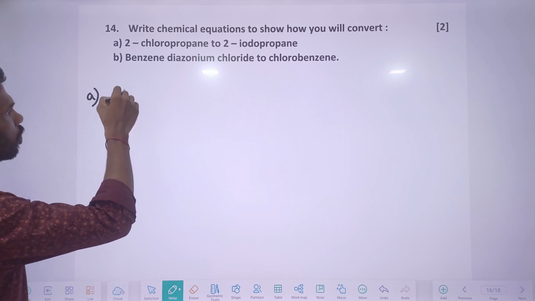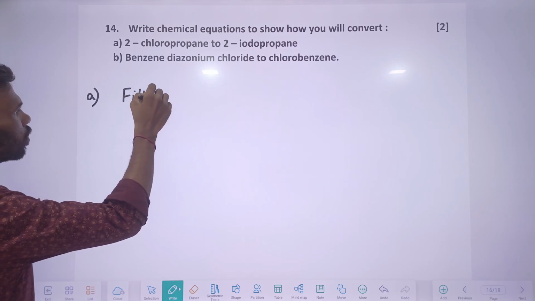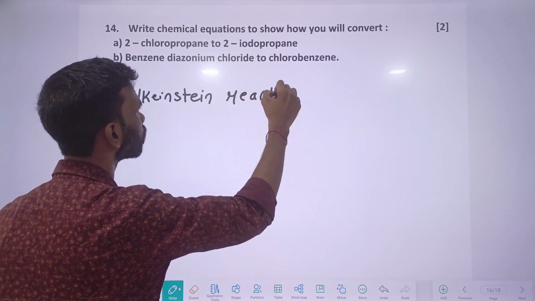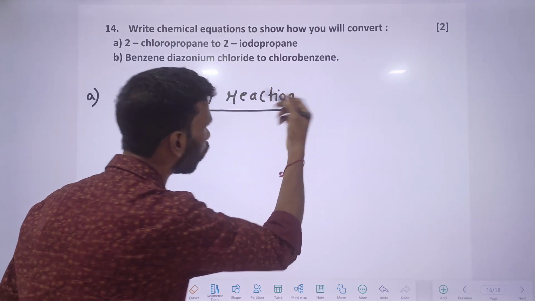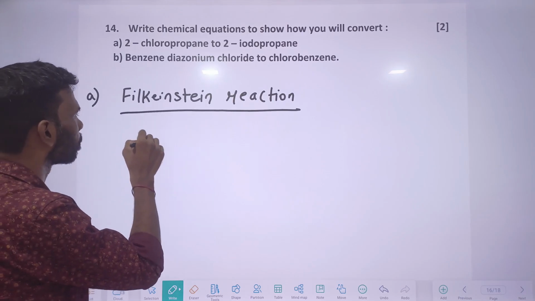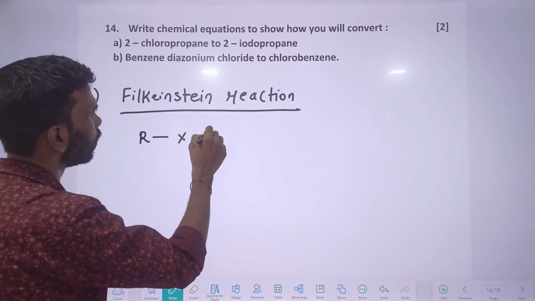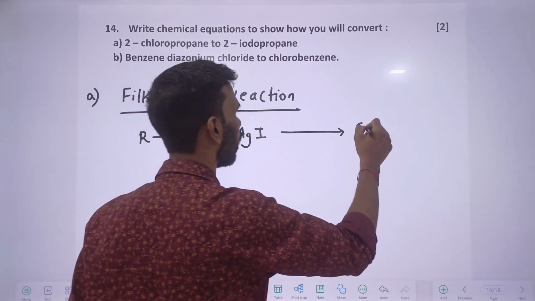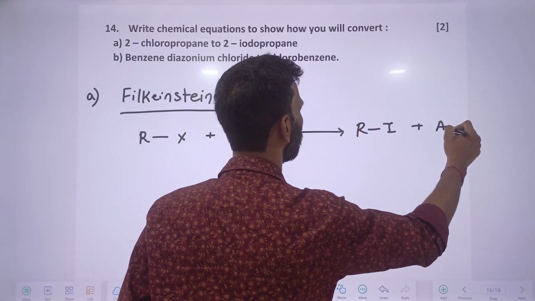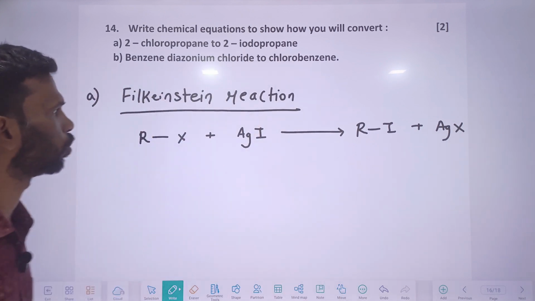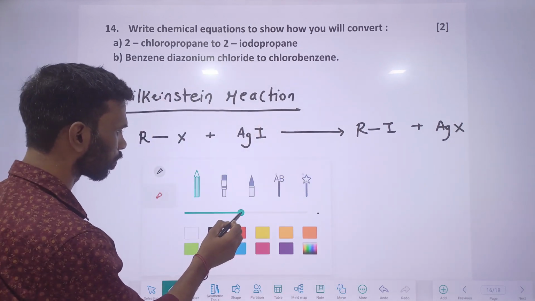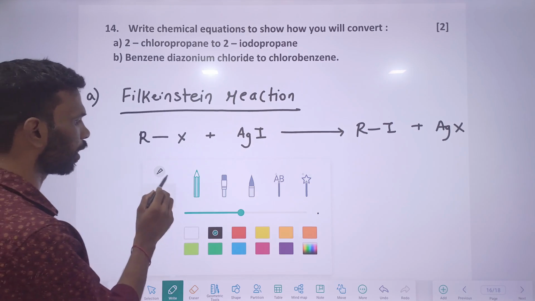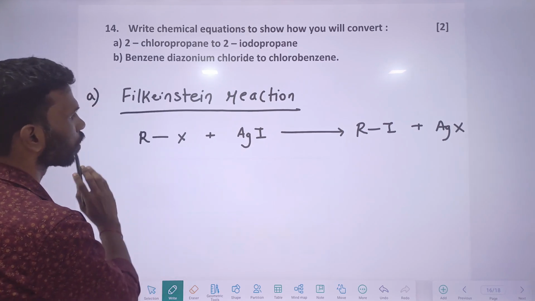The general reaction, if you want to know, is that an alkyl halide is reacted with silver iodide, and the halogen is exchanged over here, RI and AgX. It comes under the category of the halogen exchange reaction.